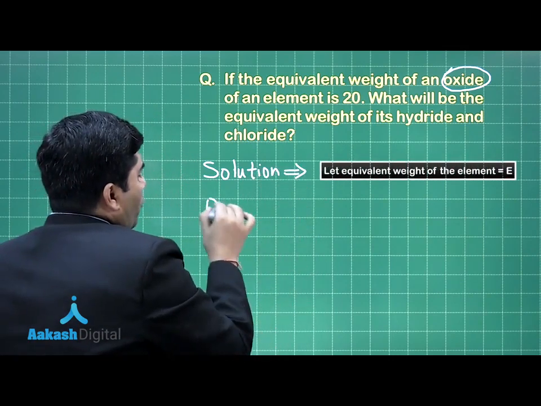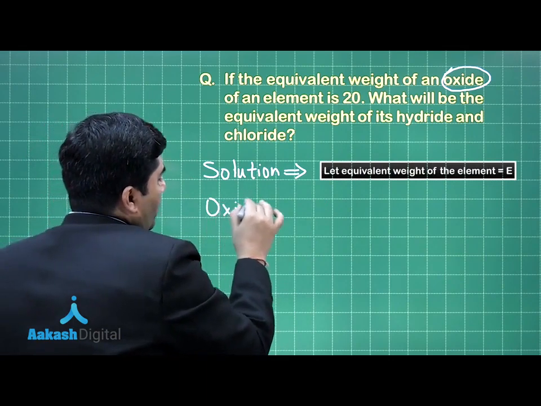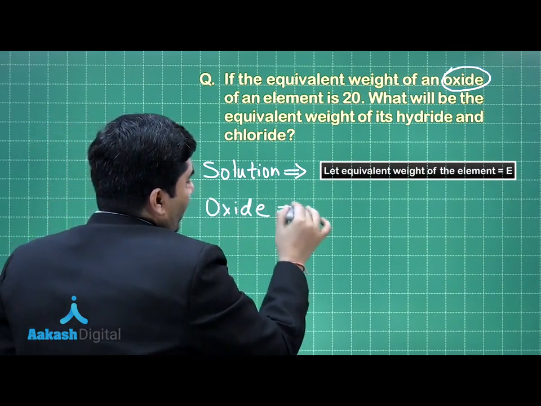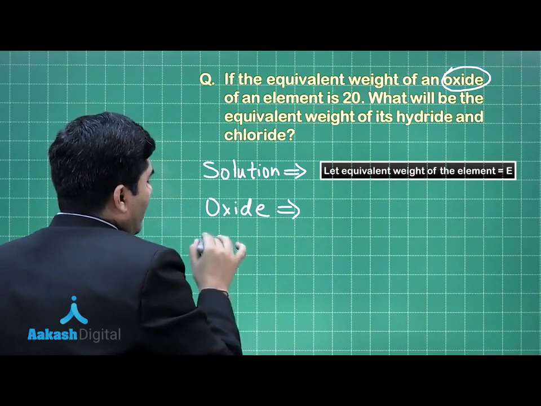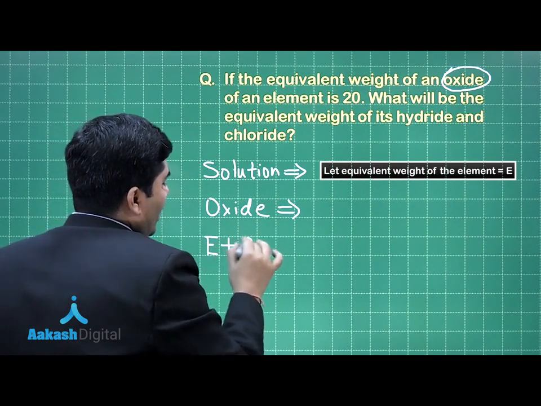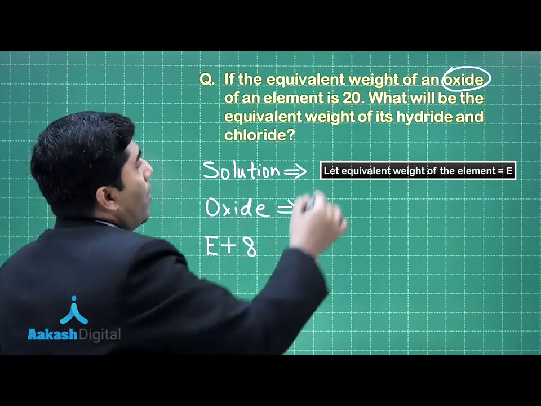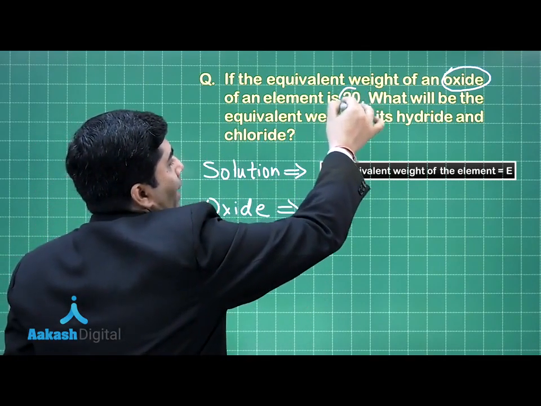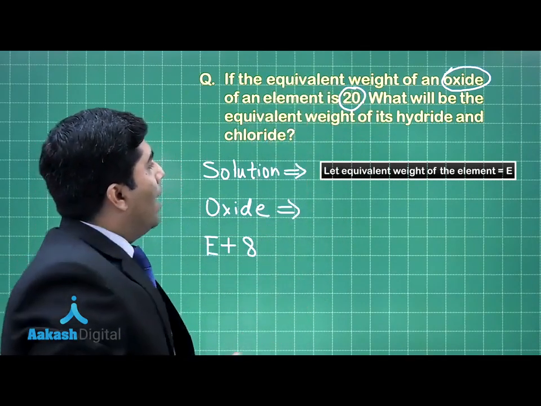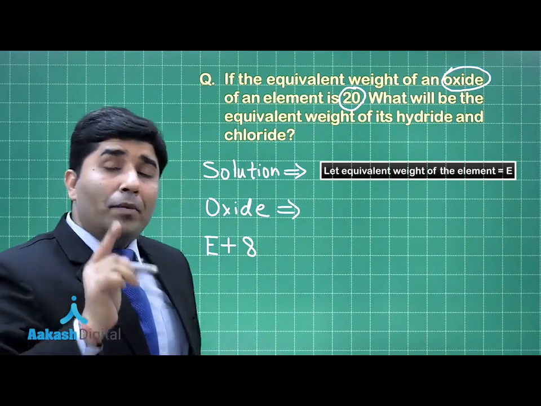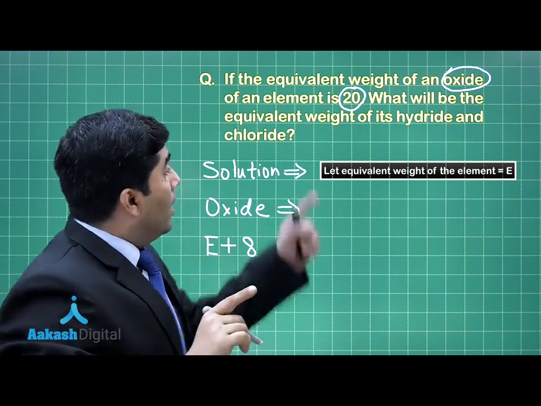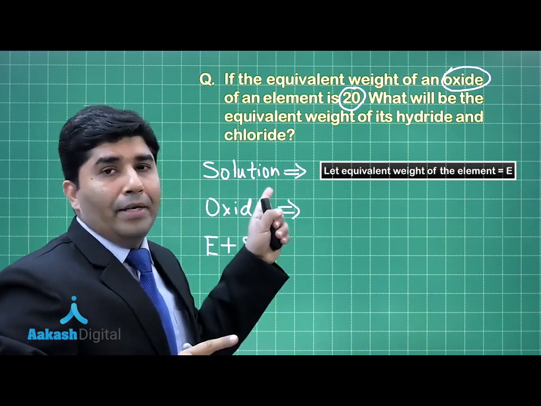We know that for oxide the equivalent weight is E plus 8. It is given that the equivalent weight of oxide is 20, and he is asking what will be the equivalent weight of its hydride and chloride.